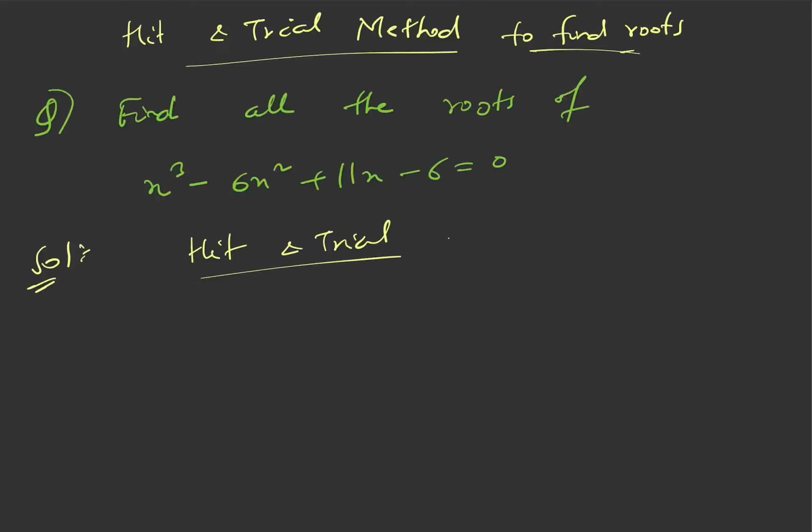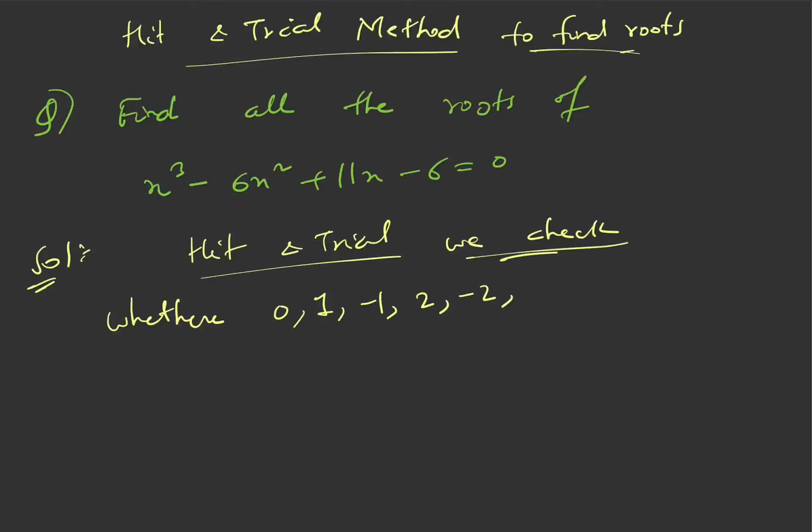So for hit and trial, we check some standard values of x, right? We check whether 1 is a root, whether minus 1 is a root. We check whether 2 is a root, minus 2 is a root. First we check 0, 1, minus 1, 2, minus 2, 3, minus 3.